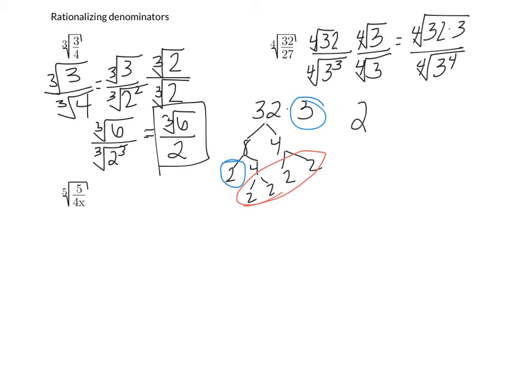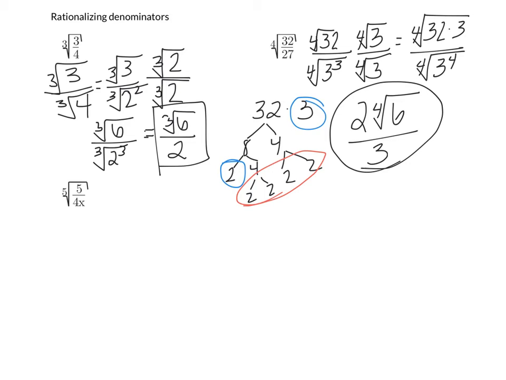So I'm left with 2 fourth root of 6 on the top, and the fourth root of 3 to the fourth. That's this right here, the fourth root of 3 to the fourth, the 4 power and the fourth root cancel, and I get 3 in my denominator. I can't simplify the 2 and the 3, so that's my final answer.